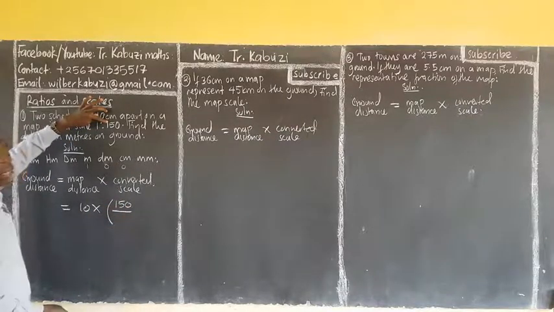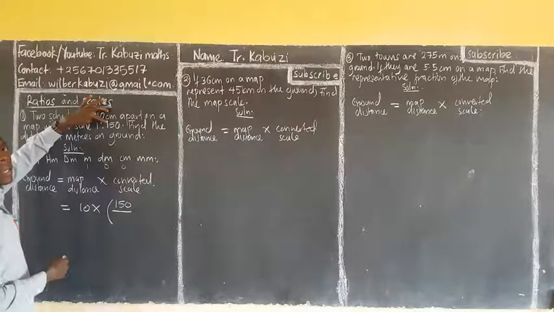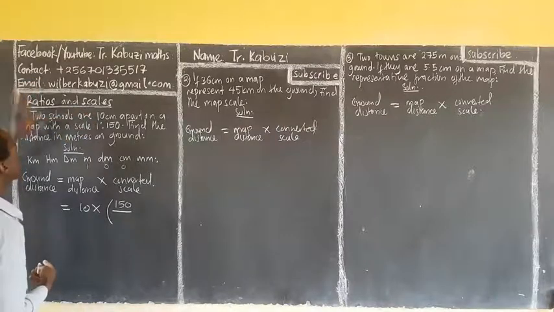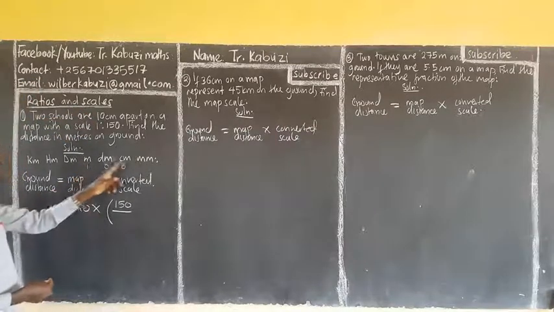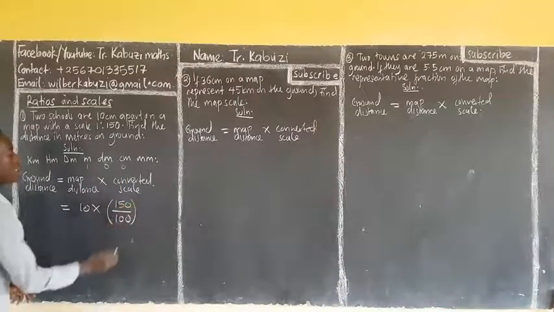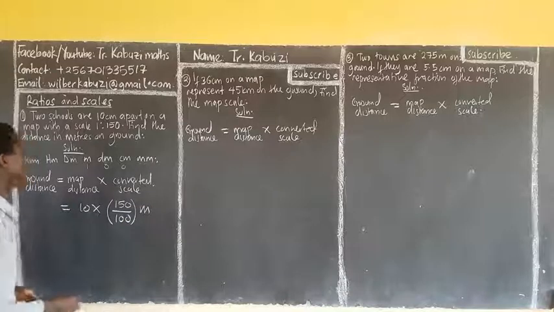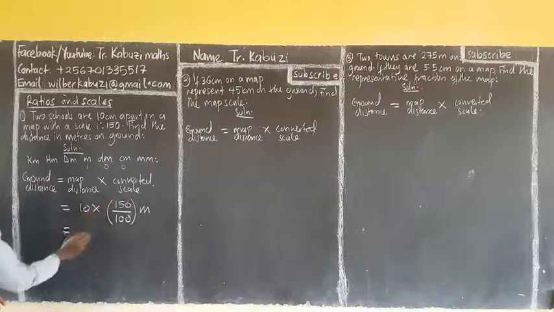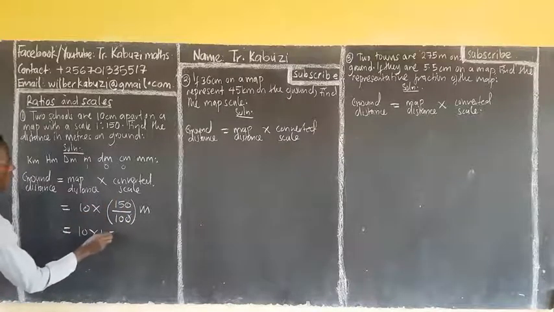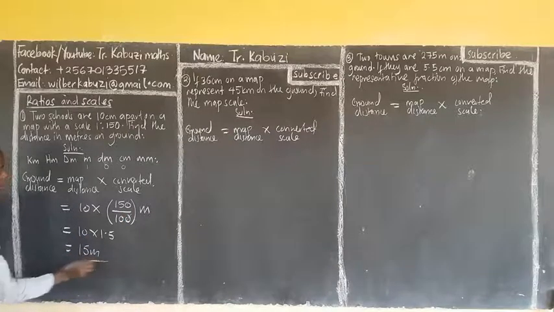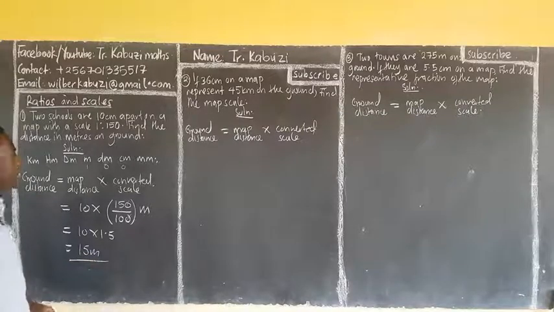We divide by how many centimeters are in 1 meter, because we are converting to meters. So we divide by 100, and all this will now be in meters. 10 times 150 divided by 100 gives 15 meters. So the ground distance is 15 meters.